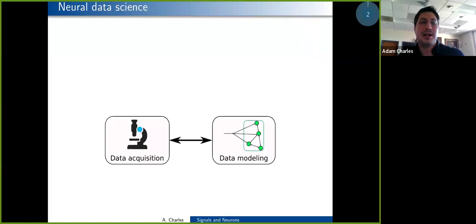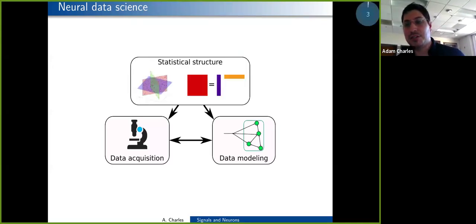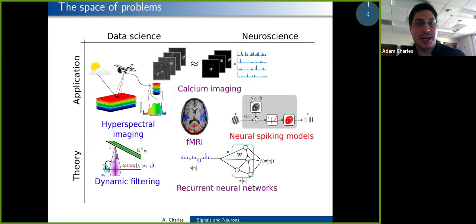As you mentioned, my lab focuses on this interface of data acquisition and data modeling, and how we can leverage the statistical structure of data, both in the acquisition process and the data modeling parts of our process of creating scientific understanding through observation. I sit at this interface, and I love that there's so much additional progress being made on bringing this combination of theory, application, data science, and neuroscience all together.